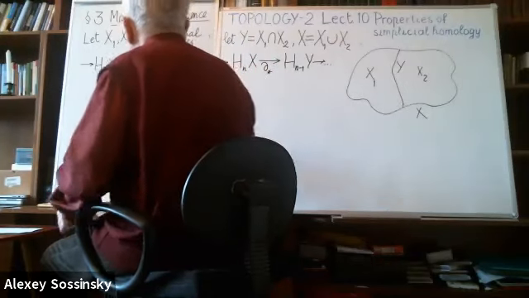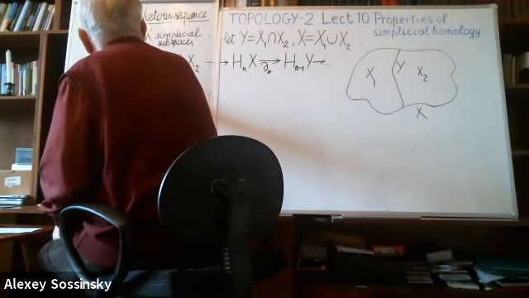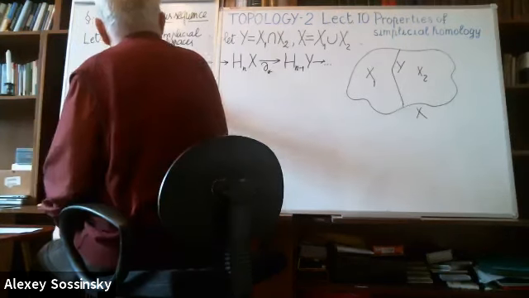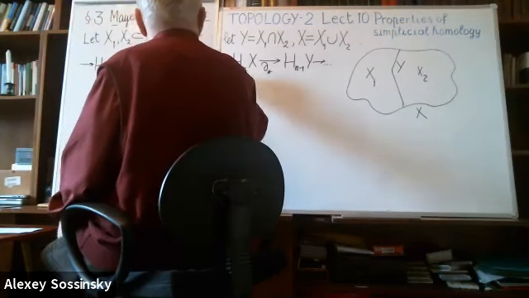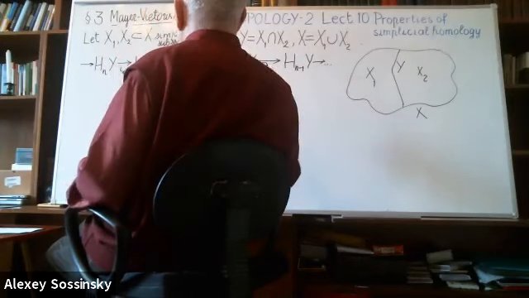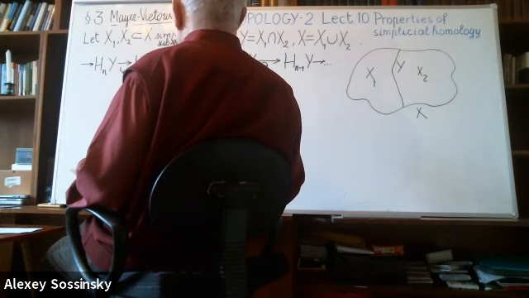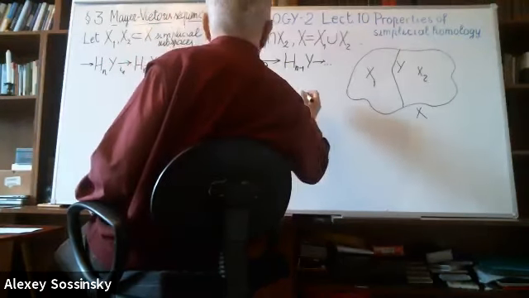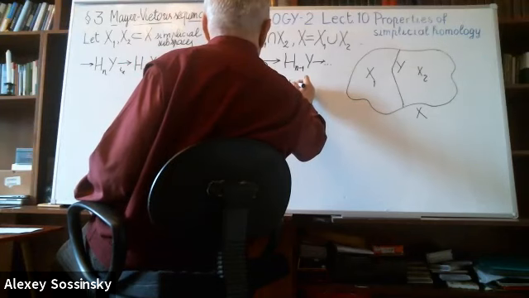Now, I'm going to define I star, J star here, and D star here. And once this is done, I claim that this sequence is exact.